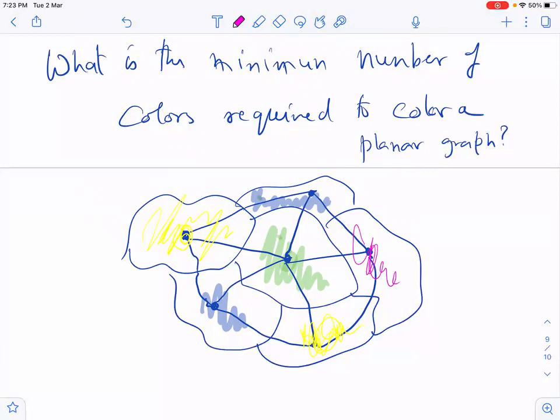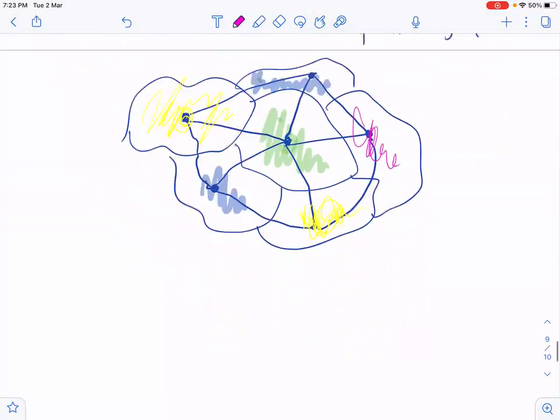Is this clear? Yes, sir. And sir, something about the number of colors you mentioned. Yes. So there is this famous theorem called the four-color theorem.